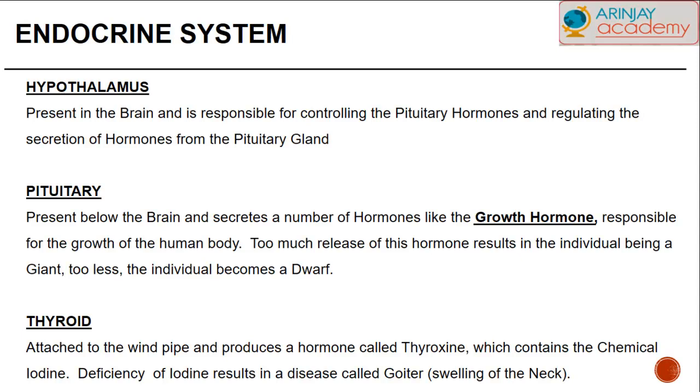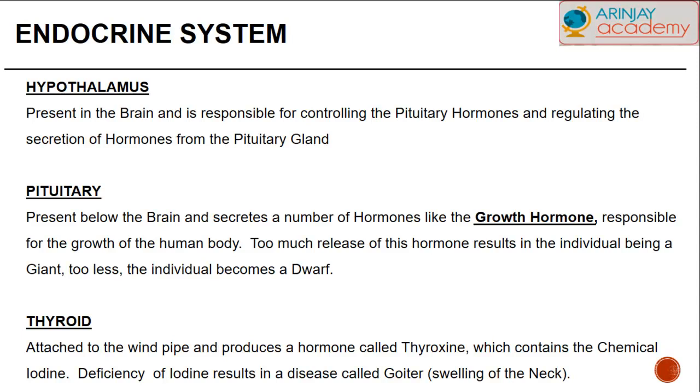So, if there's too much release of the growth hormone by the pituitary gland, it has to be controlled by the hypothalamus, because if too much of the growth hormone is released, then the individual will be a giant, and if too little is released, the individual would become a dwarf.